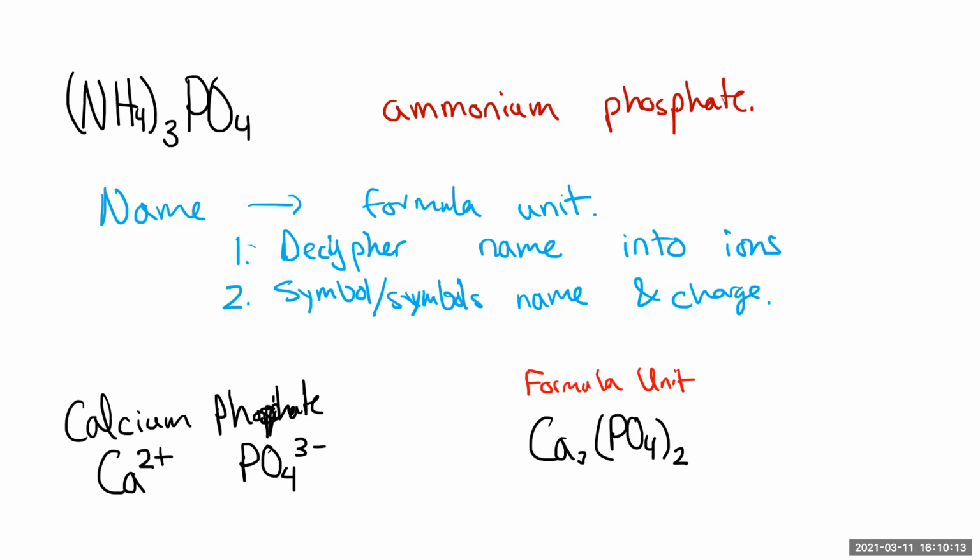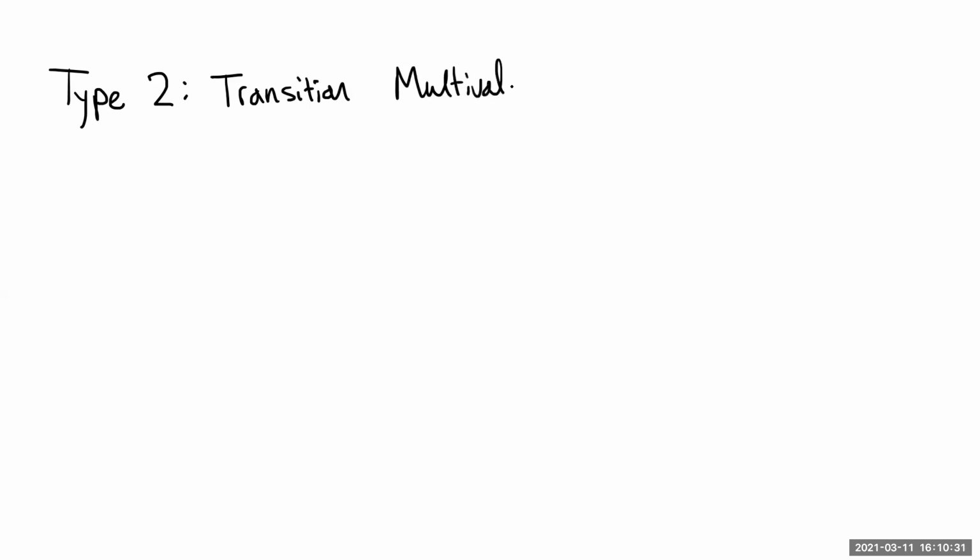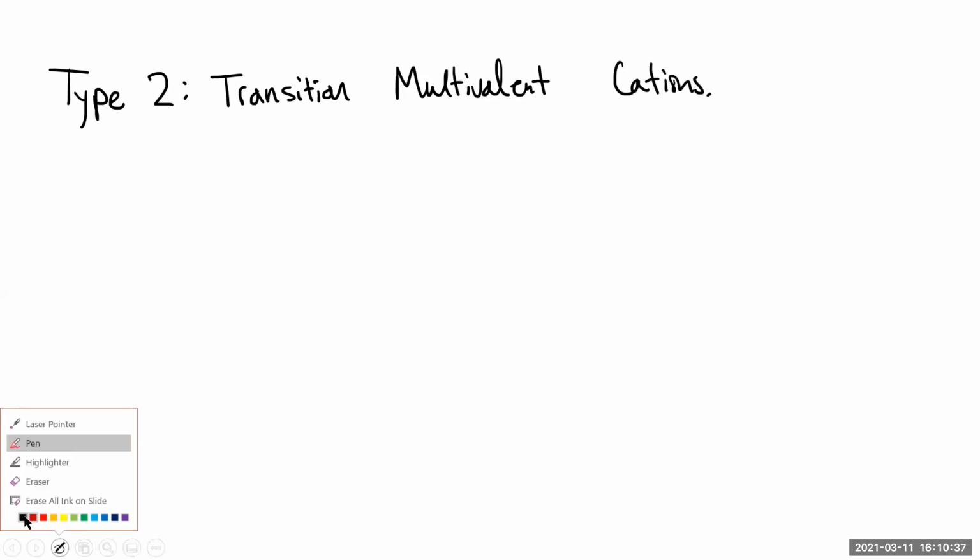I haven't forgotten that I mentioned that there was a second type of naming of compounds. So type 2, as we might have said, is the ones that utilize transition multivalent cations. Okay. And if you recall, we had a list of ions in the previous lecture and in this one that we mentioned.